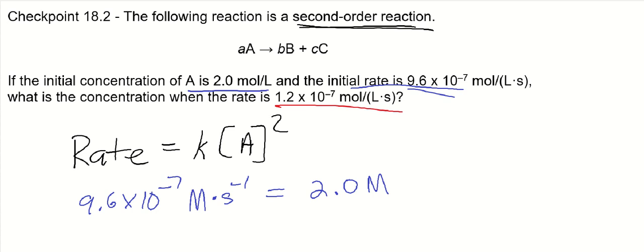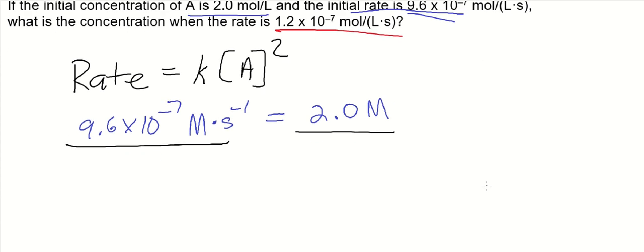Now we're just going to put that over the ratio of the second trial, where the rate is 1.2 times 10 to the negative 7.